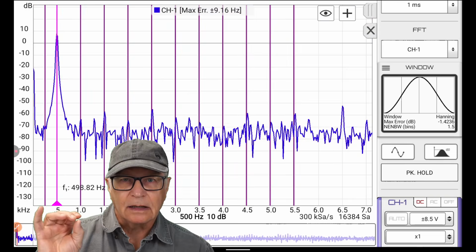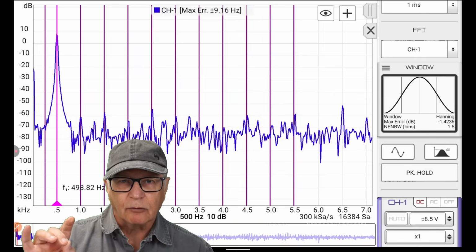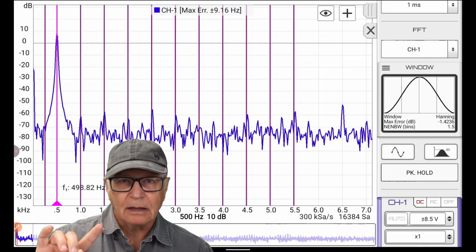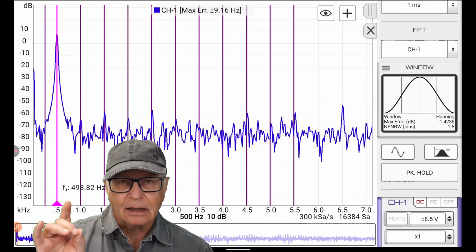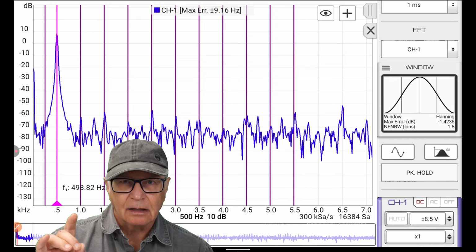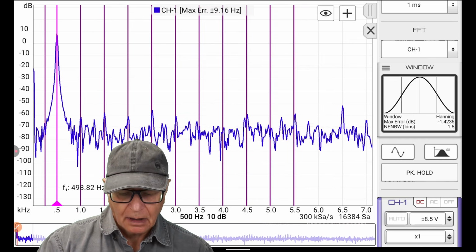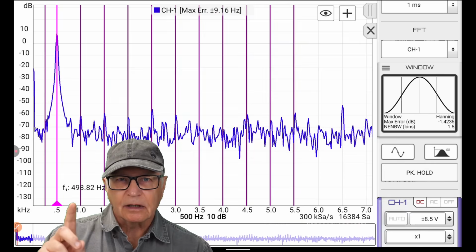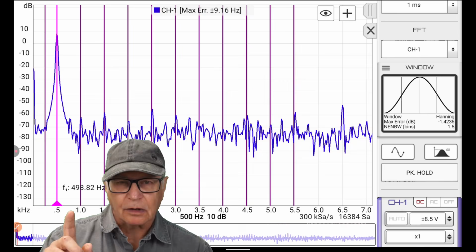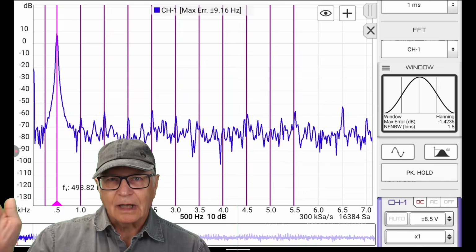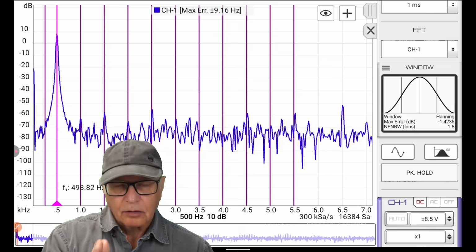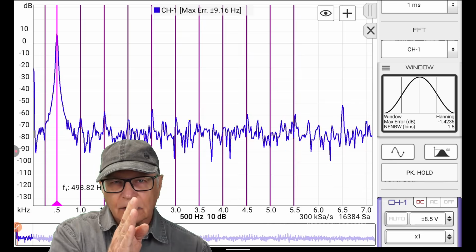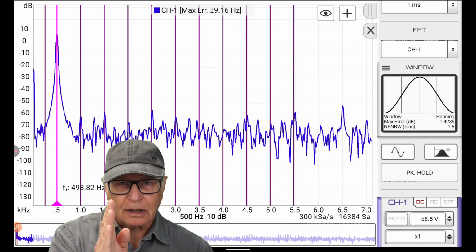You see how that peak is at 500 kilohertz? The sine wave that we saw in the time domain has been broken down here by its frequency, and the peak of the sine is shown here. Notice also this particular vertical cursor has a number of other lines to it. Those are harmonics. So the very first at 500 kilohertz is the first harmonic.